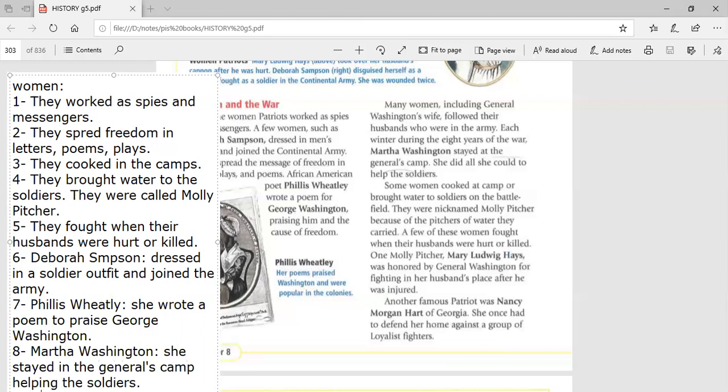Look how much there is about women. Mary Hayes. What did Mary Hayes do? She was honored by George Washington because she kept fighting the British soldiers after her husband died.